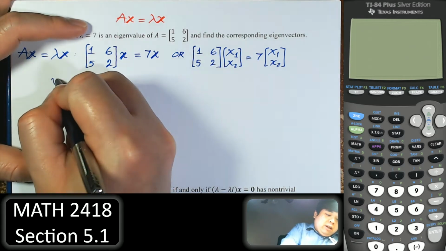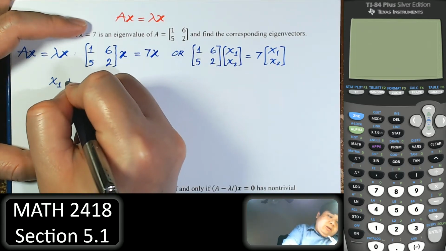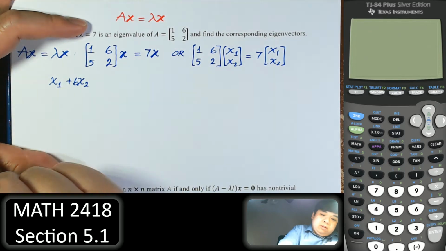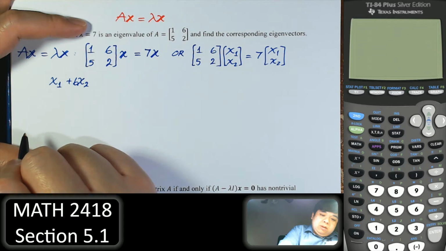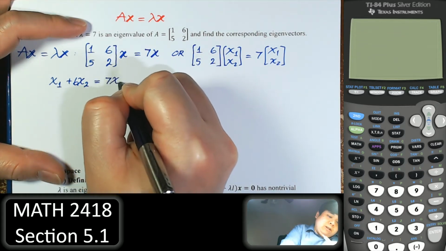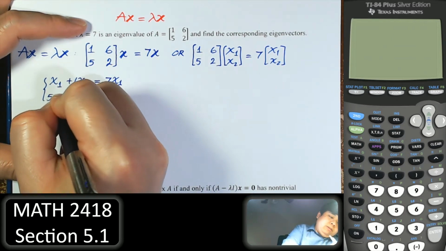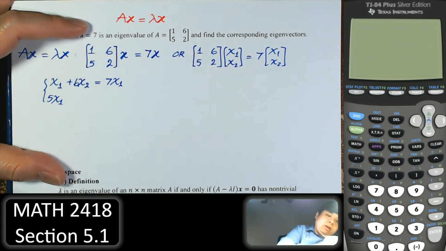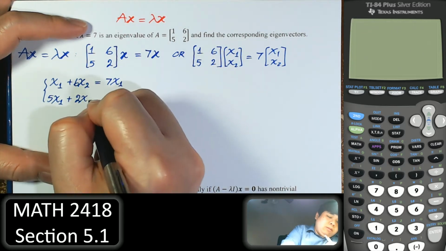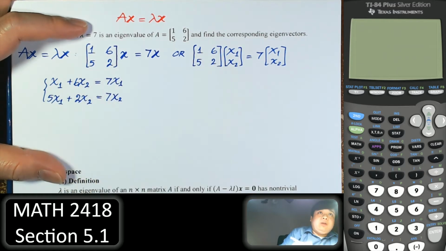We have x1 plus 6x2 equal to 7x1, and 5x1 plus 2x2 equal to 7x2. Right.